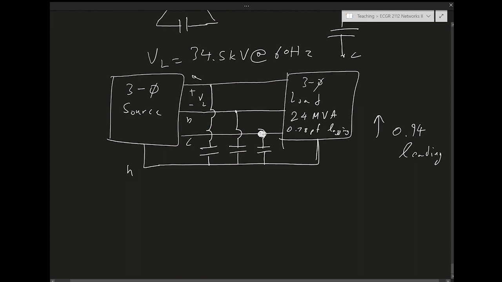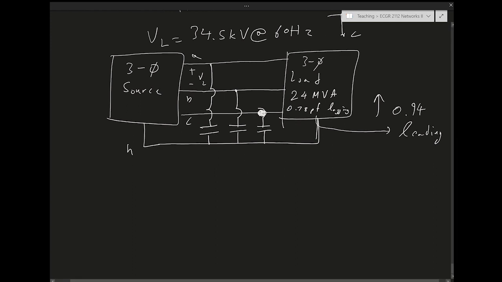So the question is, what value of capacitance do we need to add to achieve this improvement of power factor, to go from 0.78 power factor lagging to 0.94 power factor leading? Well, the same technique that we applied in the previous chapter when we covered power factor correction, but now it applies to three-phase circuits.